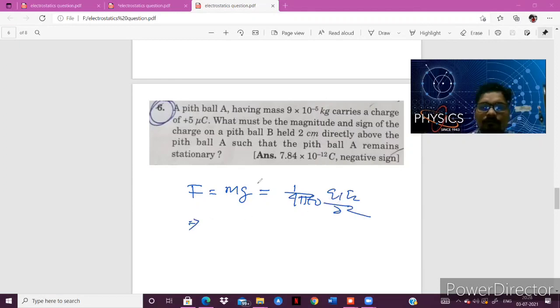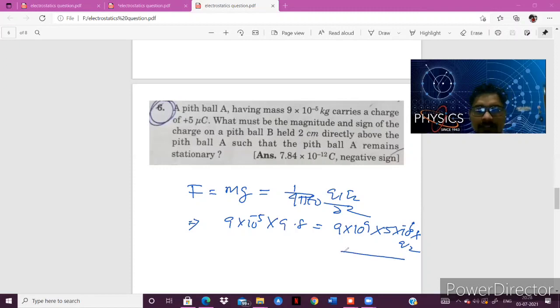So the mass of pith ball A is 9 into 10 to the power minus 5, the value of g is 9.8, and this is equal to 1 by 4 pi epsilon 0, which is 9 into 10 to the power 9, into the first pith ball charge 5 microcoulomb, that means 5 into 10 to the power minus 6, into the other charge q2, divided by the separation 2 into 10 to the power minus 2 whole square.